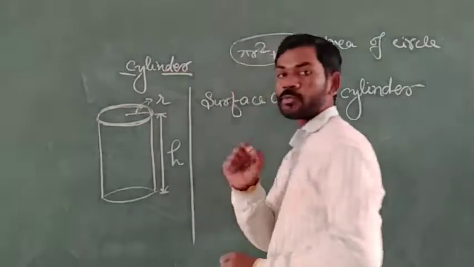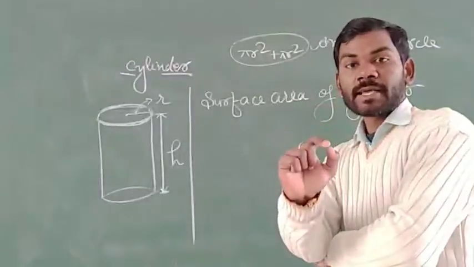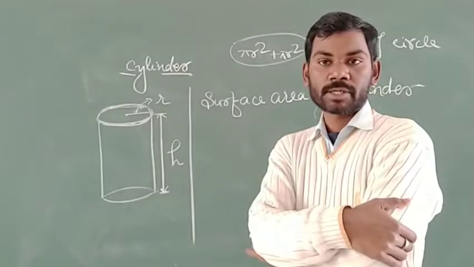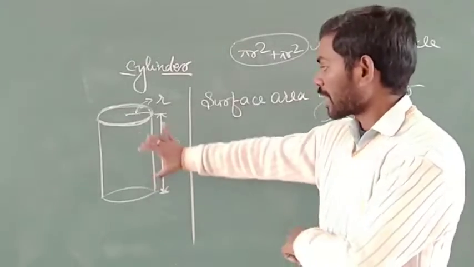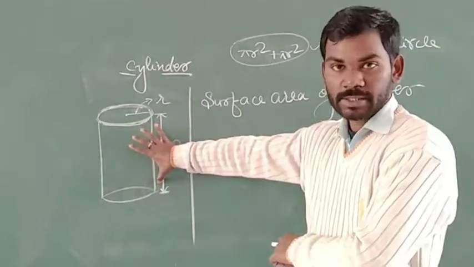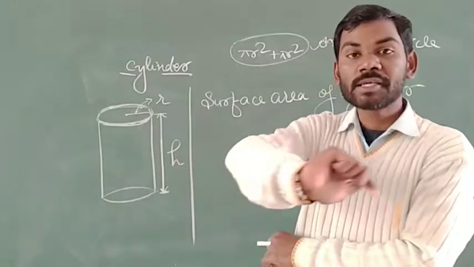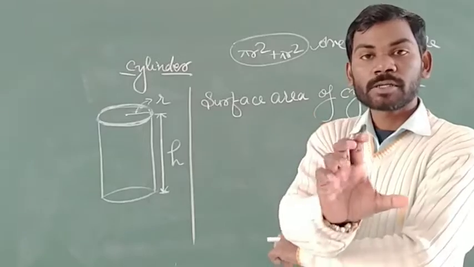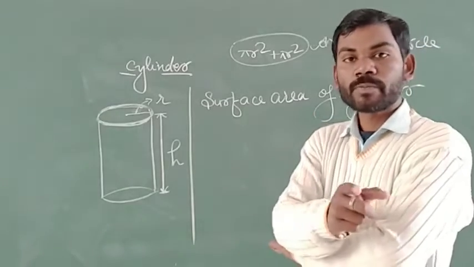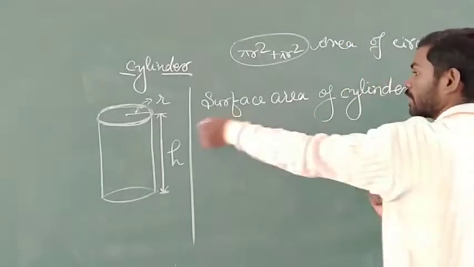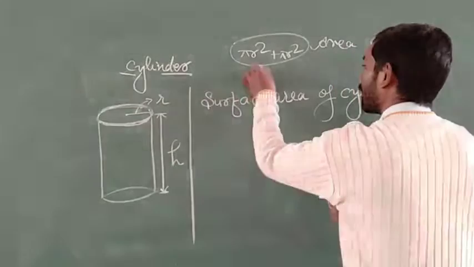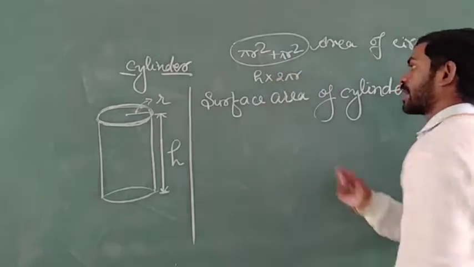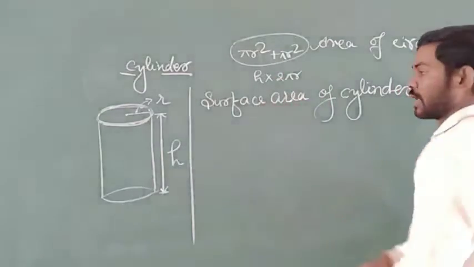Therefore it will be h times the circumference of the circle, because the height of the cylinder is h. Since the circumference of the circle is 2 pi r, its area will be h times the perimeter of the circle, that is 2 pi r into h.